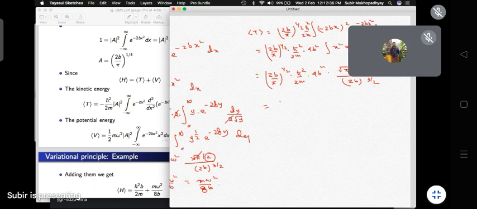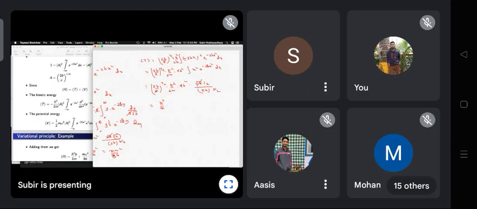So we'll have h bar square by m. Then if we consider b, root pi we can cancel out immediately. Then b to the power half, b square, here b to the power 3 by 2. That means this b to the power 5 by 2, this b to the power 3 by 2, that means we get b. Is that correct?